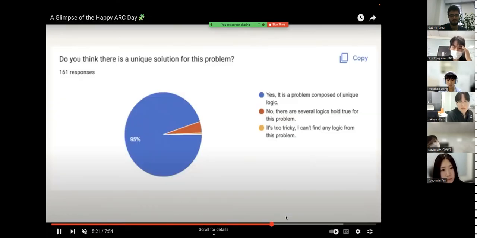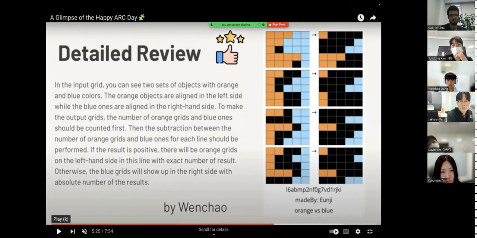We also spent some time reviewing some of the existing works. Some other works try to make a detailed description of each problem and provide those descriptions to a language model and use them to build a program. So we also collected a description of each problem.